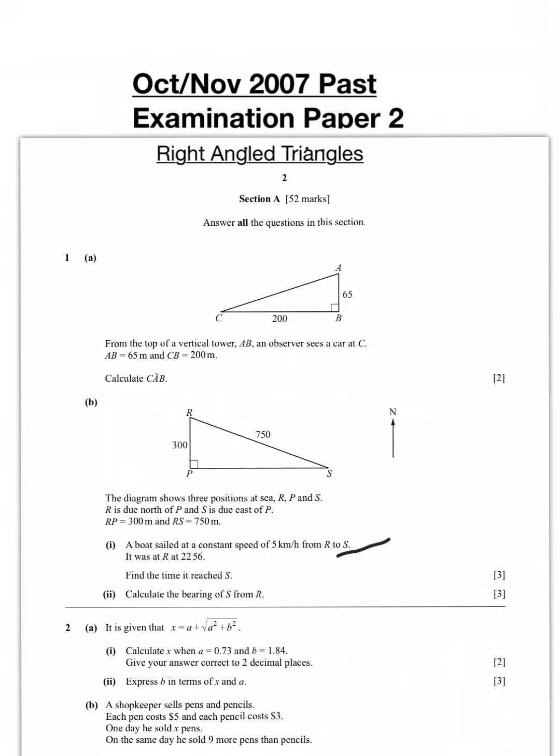It's a right-angled triangle, and we are told to calculate the angle CAB, which is this angle. We are given two sides, so we will always remember SOHCAHTOA.